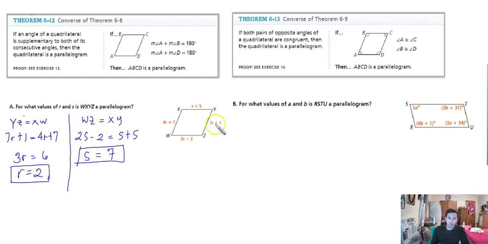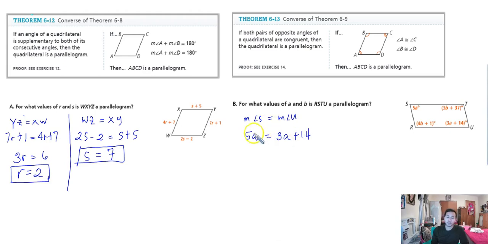The measurement of angle S is equal to the measurement of angle U. So I can say that angle S, 5A degrees, is equal to 3A plus 14.